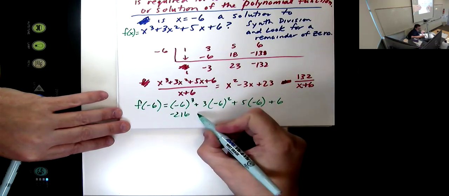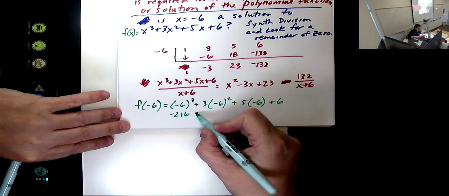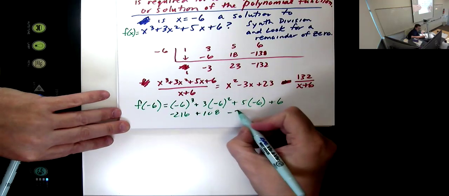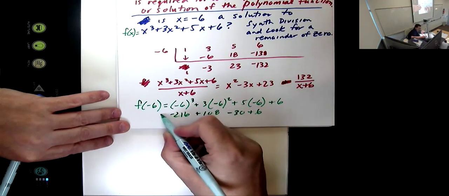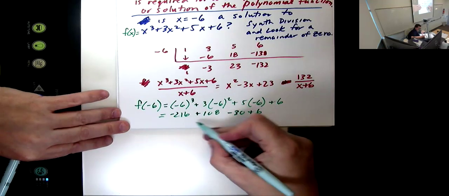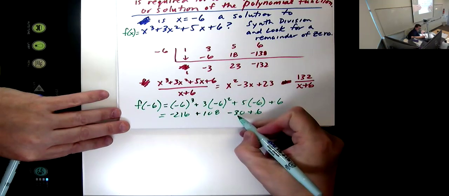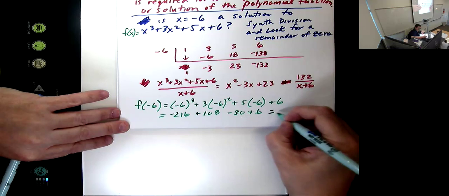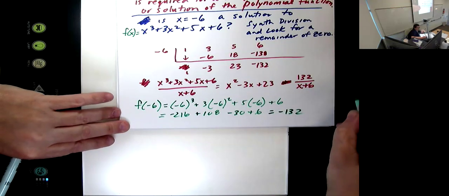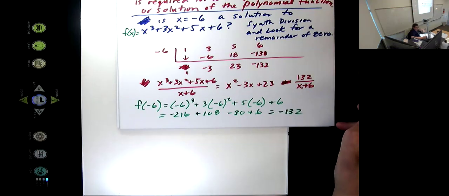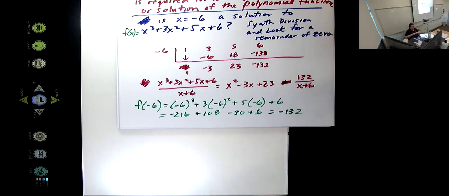This is 36 times 3 is 108, minus 30 plus 6. This is -108, -138 plus 6, -132. I guess I beat the calculator.